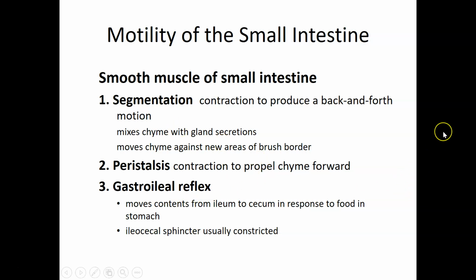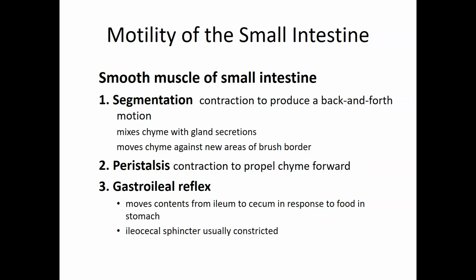Finally, there's what's called the gastroileal reflex. This is what happens when food arrives in the stomach. Remember, the stomach has a way of storing food and allowing small bits of that to pass into the small intestine.